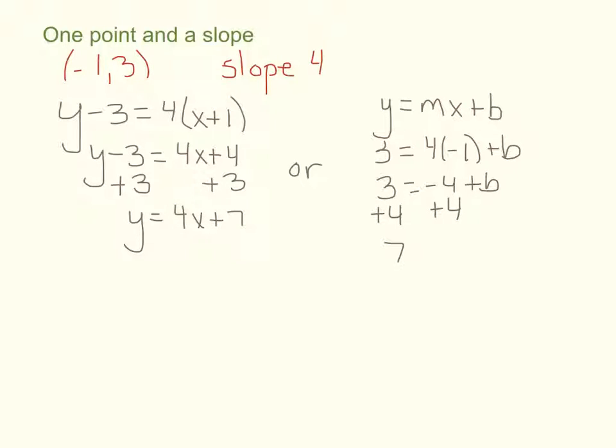We're going to get 7 is equal to b. We're not done though because we have to have our equation written. So we have y equals 4x plus 7, which is exactly what we got before. The problem with doing it the second way is that sometimes you forget to go back and write the equation. So just make sure you go back and do that.